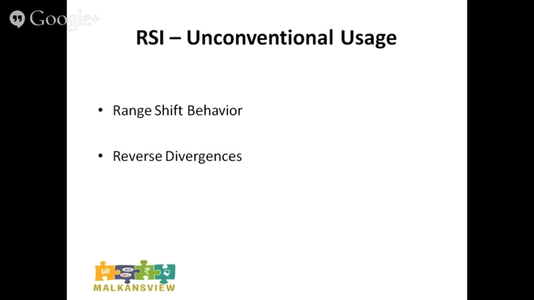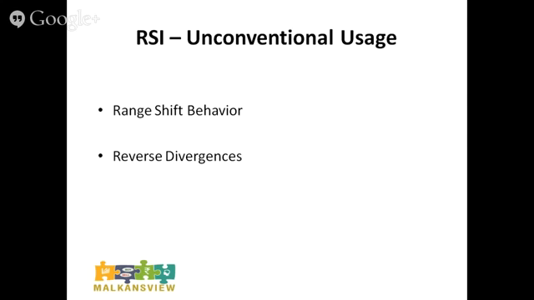So let's look at what is range shift behavior. It's an unconventional usage. There is hardly any book on this kind of range shift and reverse divergences. First we will look at the range shift behavior in the first part, and then in the second part we'll look at reverse divergences. And if we have more time, we can take questions and answers.